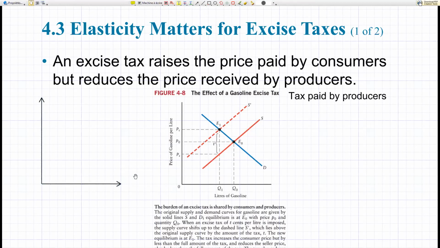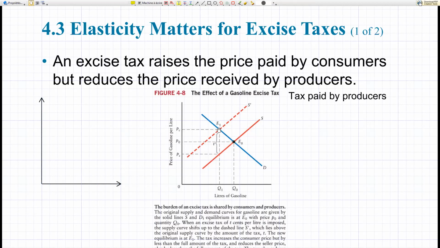So to know who pays the tax, you have to compare the price before the tax, P0, with what happened after. The price paid by the consumer increased, but the price received by suppliers decreased. So in this case, they both pay evenly. Yes, exactly. They both pay the same fraction of the tax as before.